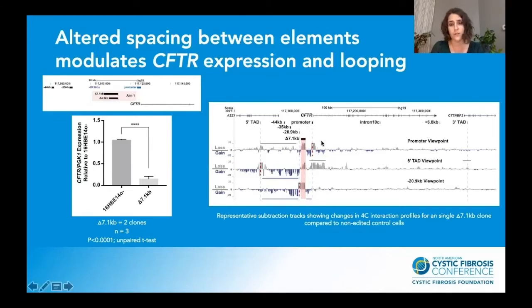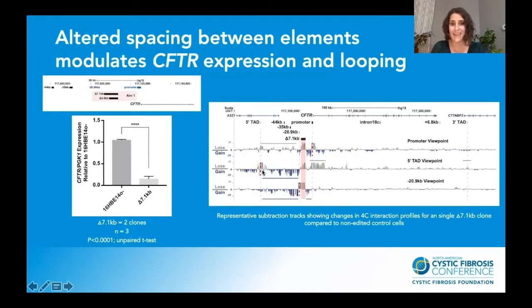Losses of interactions are shown in gray and gains in interactions in the deletion are shown in blue. Looking at the promoter viewpoint, this red dotted line here, we can see that in the deletion cells, we get losses of interactions with the upstream enhancers and the 5' TAD boundary. Conversely, when we look at the 5' TAD boundary as a viewpoint, we lose the interaction with the promoter.